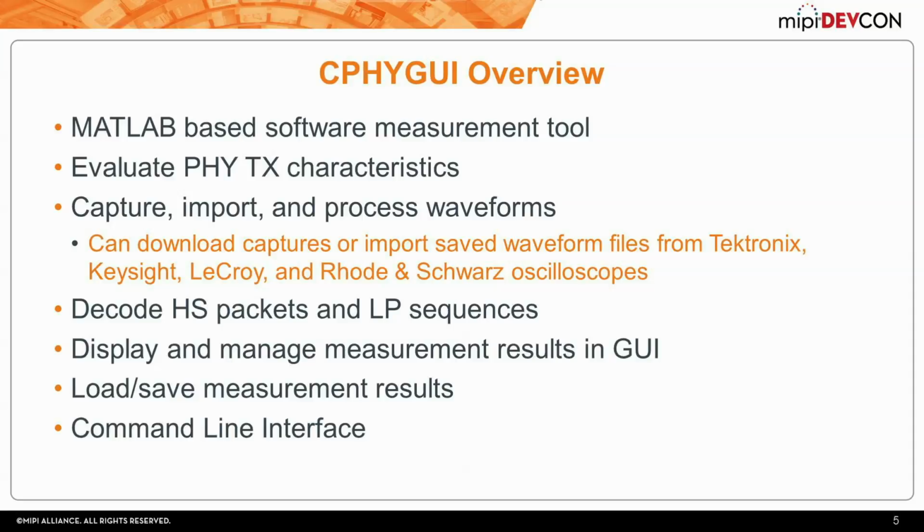The other primary features are a decode, which can be used in debugging and protocol layer tests, showing the results in a front end, and also saving them to a database that can be loaded later. And then a headless command line interface, if you don't want to actually run the front end.